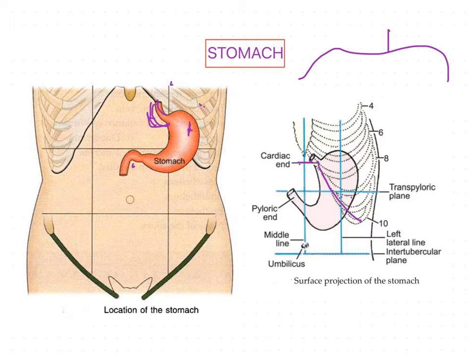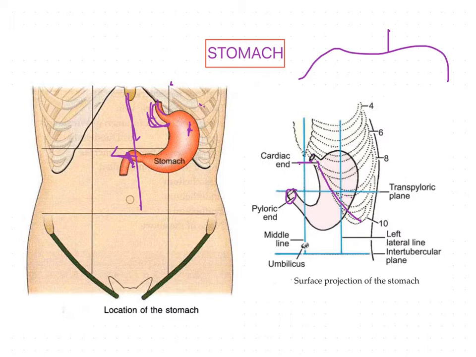If you see the pyloric orifice, it opens into the duodenum. In an empty stomach and in the supine position, it lies 1.2 centimeters to the right of the median plane, at the level of the lower border of the L1 vertebra.